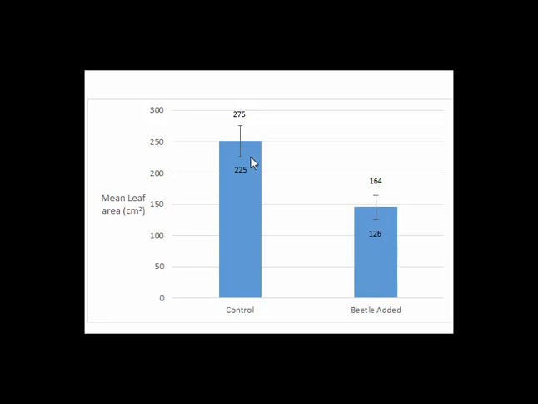So you can see here that your values for the first bar should fall between 225 and 275, and your values for the second bar should fall between 126 and 164. I'm going to go back to the original graph because this actually doesn't change our results at all. Just keep in mind that your error bars would be a little bit smaller than the ones that I'm drawing on the example problem that's coming up.